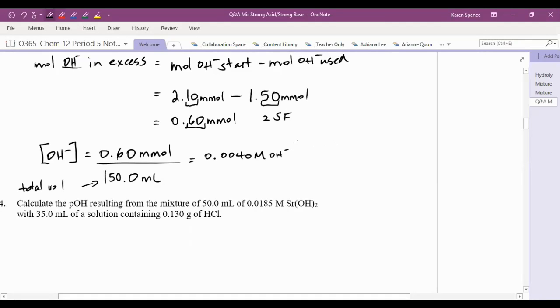We're going to take our OH minus concentration and find our concentration of hydrogen. Now remember, Kw is equal to the concentration of hydrogen times the concentration of hydroxide. And so hydrogen is equal to Kw over OH minus.